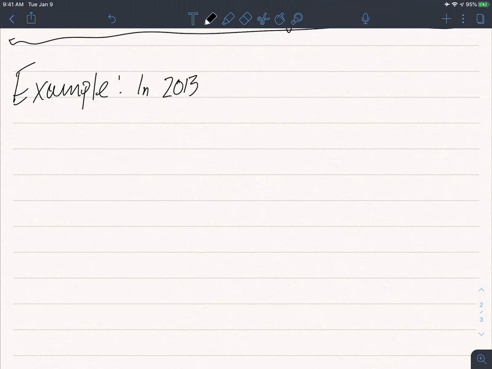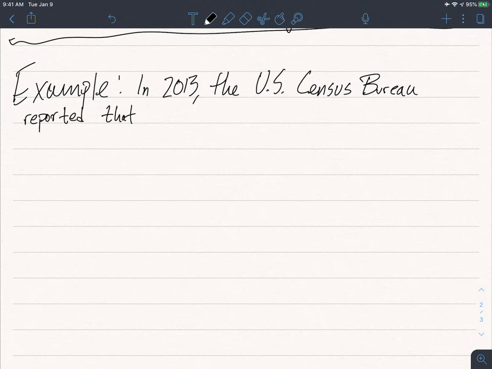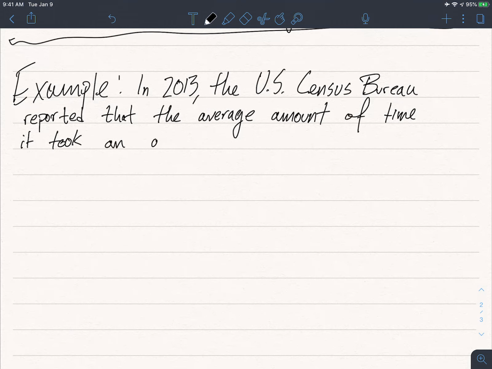In 2013, the U.S. Census Bureau reported that the average amount of time it took an adult to commute to work was 27.5 minutes.